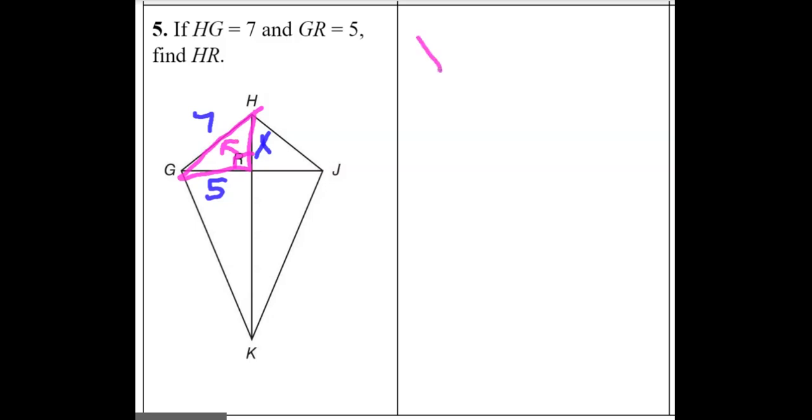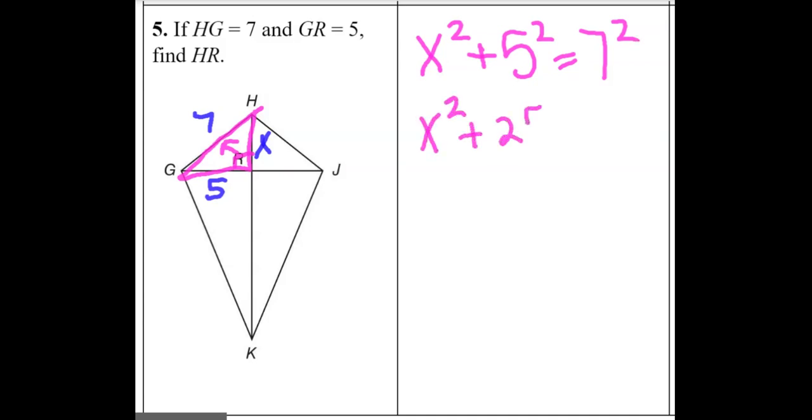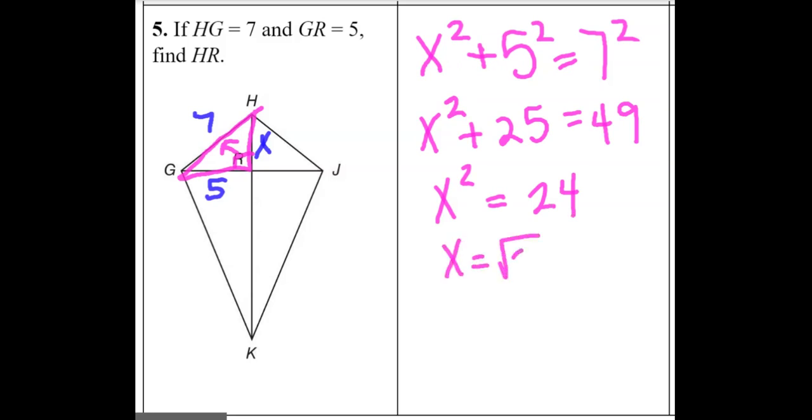So to set up the Pythagorean theorem, I would write x squared plus 5 squared equals 7 squared, and then solve. X squared plus 25 equals 49. Subtract 25 from each side. X squared equals 24. And then x is equal to square root of 24.